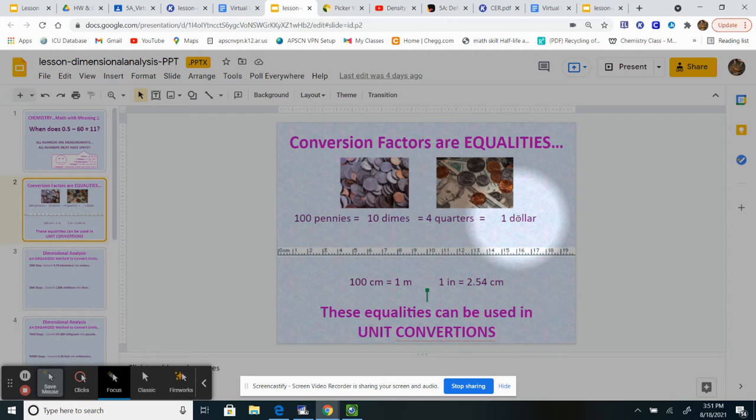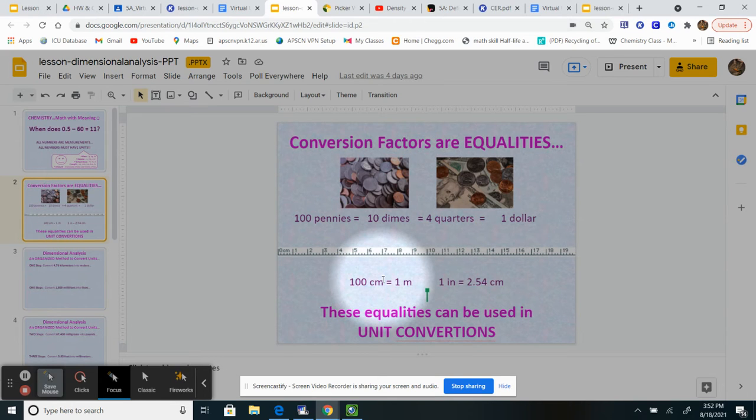So in order to convert something, it has to have something else that it's equal to. Our currency, for example, the US dollar and the Mexican peso are worth two different things, worth two different values. However, they're based on a gold standard, which gives us a conversion factor.